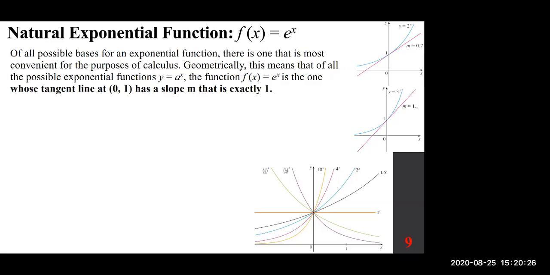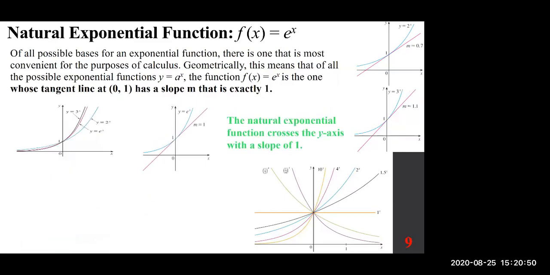When we do the tangent and discuss the tangent line in more detail later on, when we delve into more calculus, at the y-intercept, for one of them the slope is 0.7, for one of them it's 1.1, and for the natural exponential function, that slope is equal to 1. So that's one of the importances of this function.